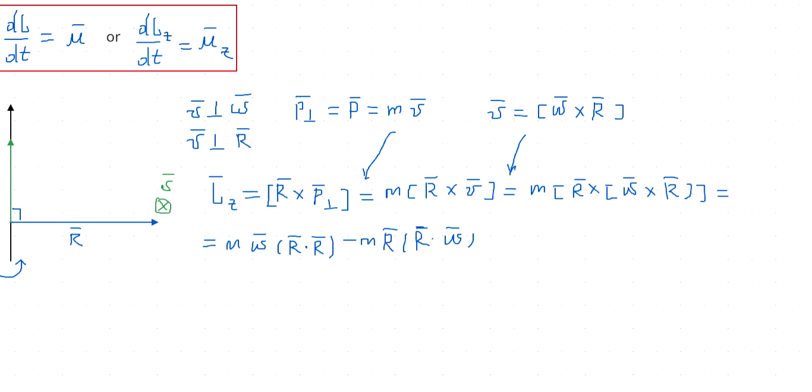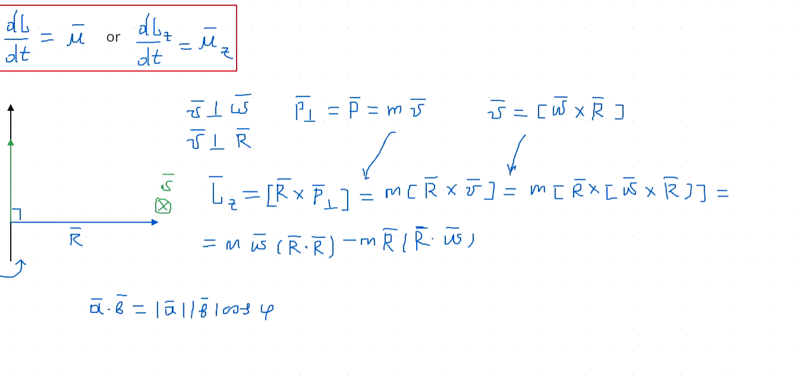The dot product or scalar product of vectors A and B is equal to the absolute value of A, absolute value of B, multiplied by cosine phi, where phi is the angle between vectors A and B.